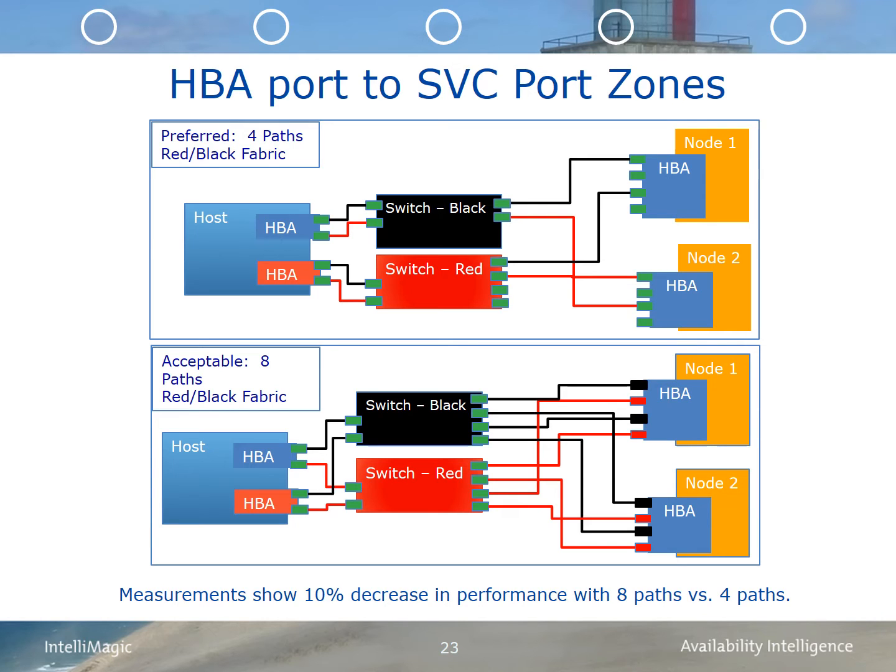The top example shows the correct way of doing this. In the correct way, you have 4 paths total. You can also do it as is shown in the bottom picture, but that presents 8 paths to the host, which is not the ideal situation. So if you have to do it that way, it's possible, but it is preferred to only have 4 paths.